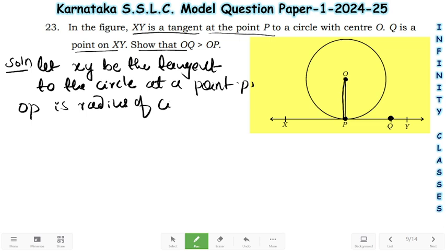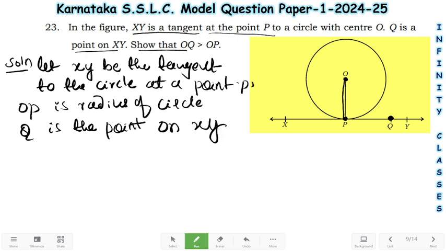OP is the radius of circle, and Q is the point on XY. Yes, join O and Q, construction.